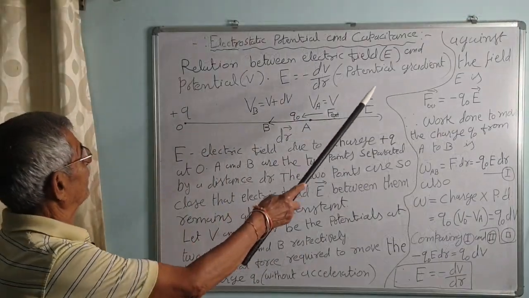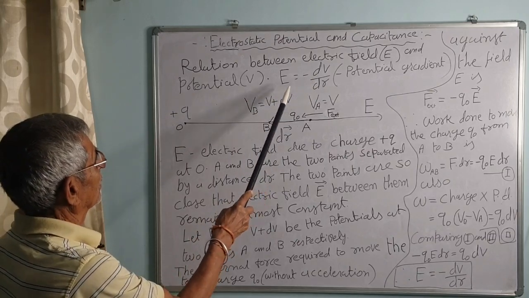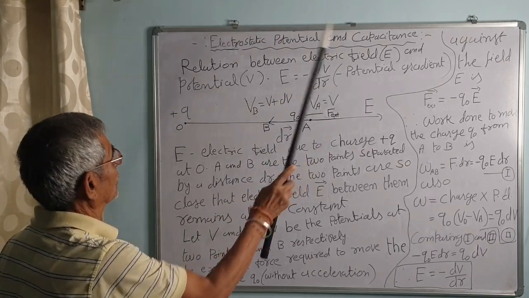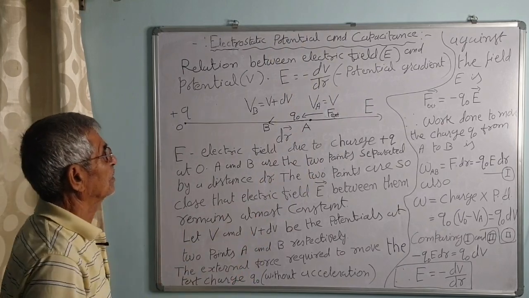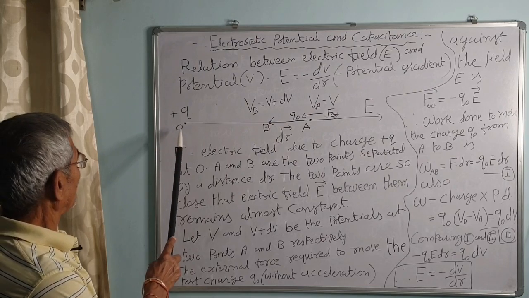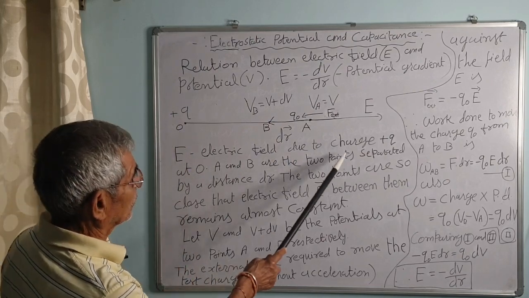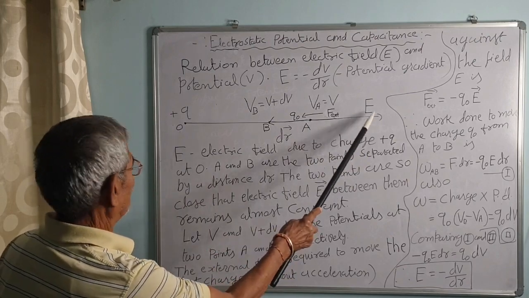Relation between electric field E and potential V. E is equal to minus dV by dr, that is, electric field is equal to the negative of the potential gradient. dV by dr is the change in potential per unit length. Consider a charge plus q at O. E is the electric field due to the charge q, and this is the electric field direction.